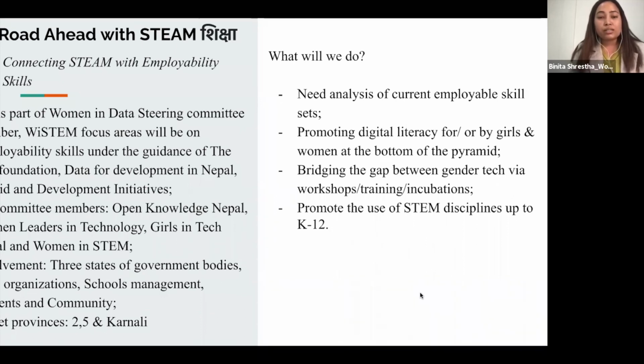These are the projects where we are bridging the gender tech gap via our workshops and tech innovations, and also promoting the STEM disciplines for adolescent girls up to K-12.